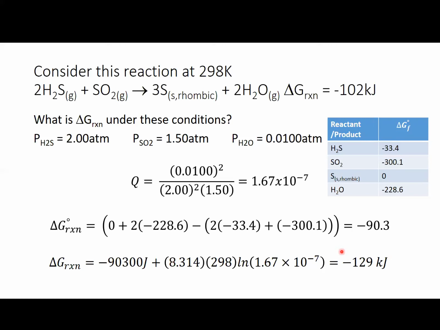So under these conditions, where my pressure of this is 2, pressure of this is 1.5, pressure of this is 0.01, I have a spontaneous reaction. And what that tells me is that this is a negative number, spontaneous, so my reaction should be going in this direction, forward. H2O should continue to be made. So that means that over time, this partial pressure will go up, these partial pressures will go down until I get to a delta G of reaction of 0.